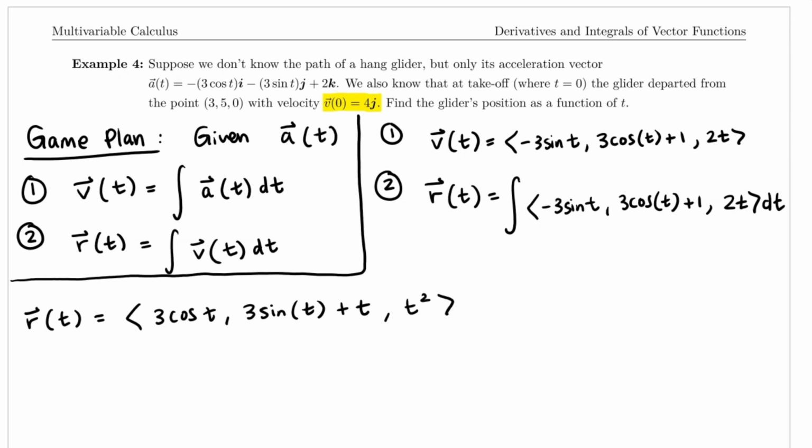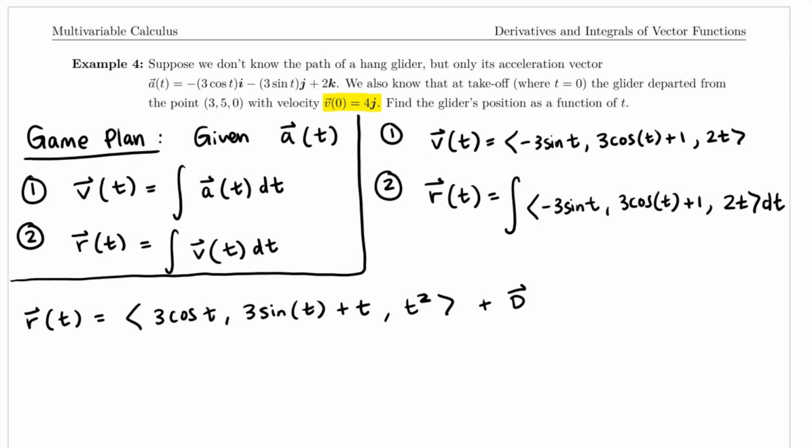And again, we need to add a constant vector. We've already used c, so I'm going to call this other one vector d, which is, again, just a constant vector, but I wanted to name it something different.